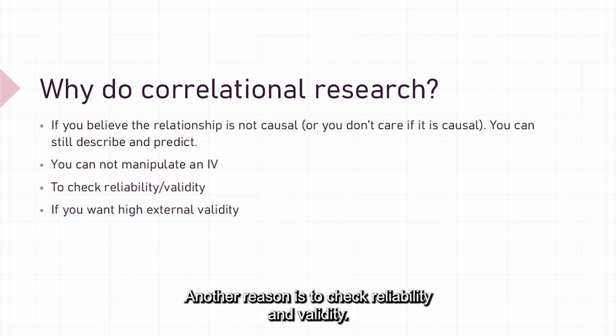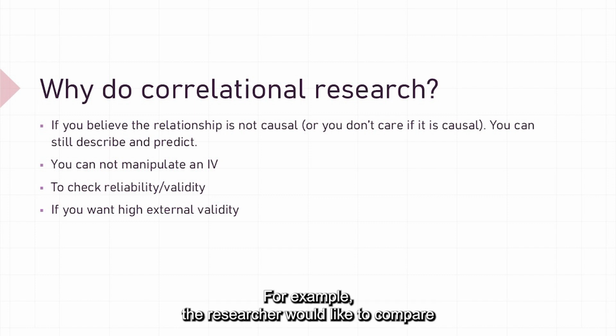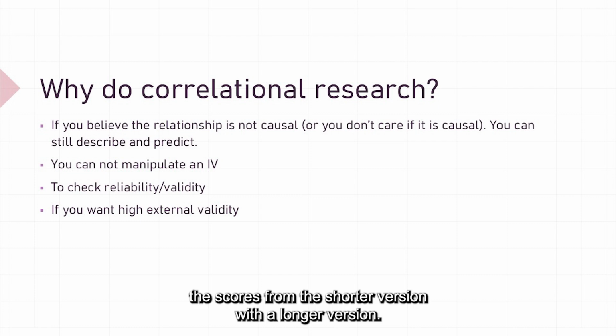Another reason is to check reliability and validity. For example, the researcher would like to compare a new short version of a test with an older, longer one. So, the researcher will correlate the scores from the shorter version with the longer version.